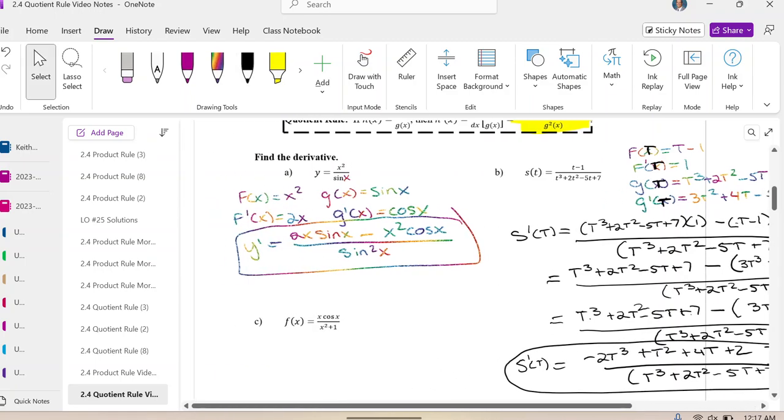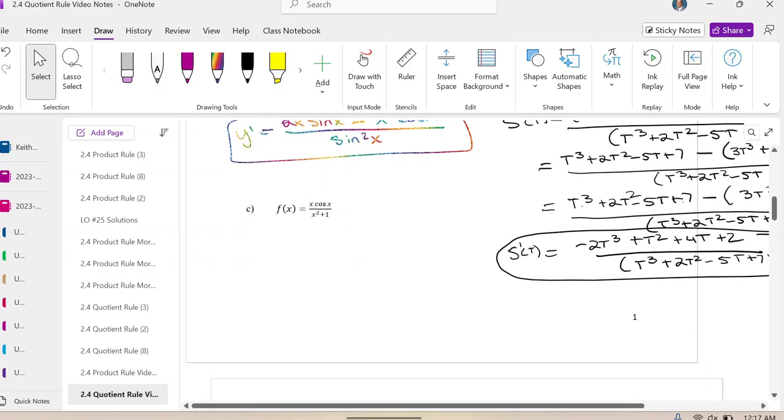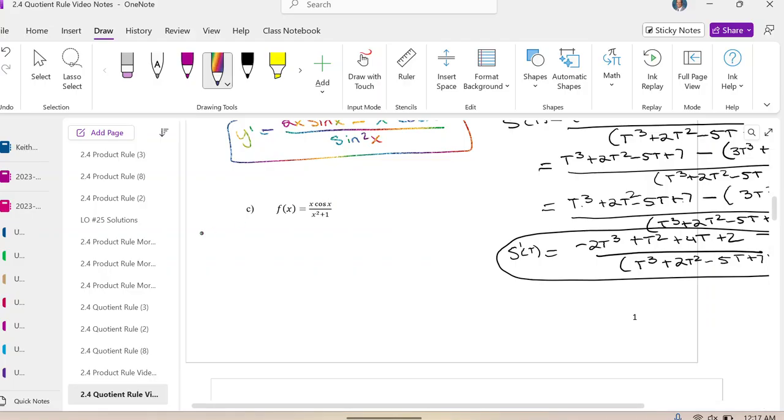All right. So for part C, if you notice here, the top function, we'll call it f of x, the numerator, x cosine x, has a product rule within itself. So we'll call w of x equals x, so w prime equals 1.